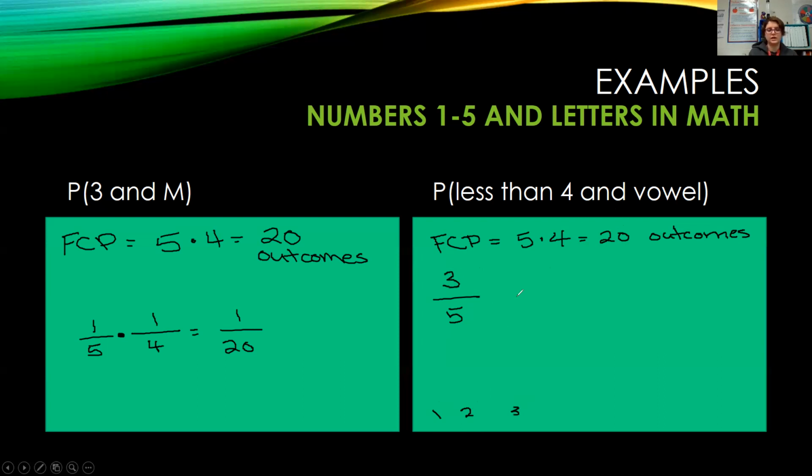So that's 3 out of 5. Then out of our 4 possible letters, we want the vowel, which is A. So that's 1 out of 4. I'm going to multiply and get 3 out of 20. So there's a 3 in 20 chance that I would get a number less than 4 with the letter A.